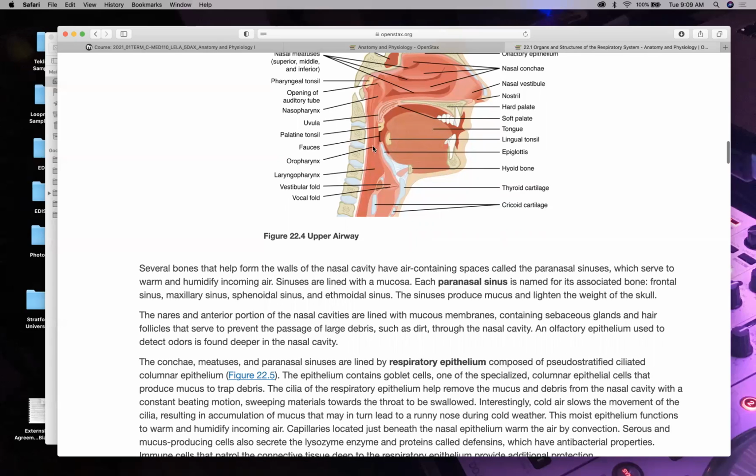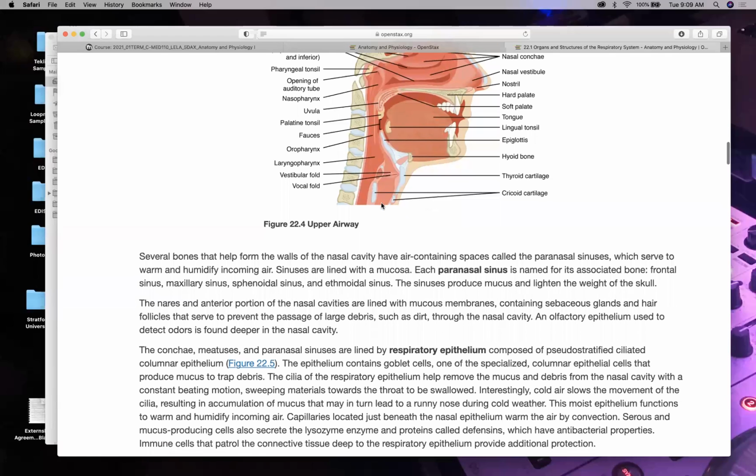Oral cavity. You also have your throat. And here in your throat, oropharynx coming to your laryngopharynx. How do I know? Because there's cartilage here. And that's how you know you're in the area of your, what do you call that? Your voice box, your larynx.